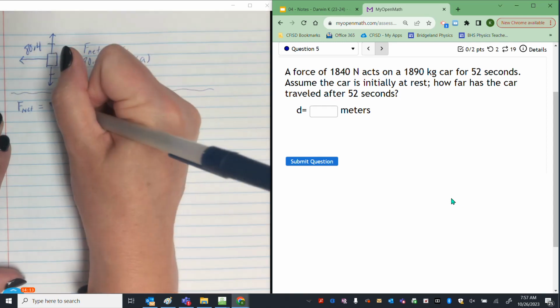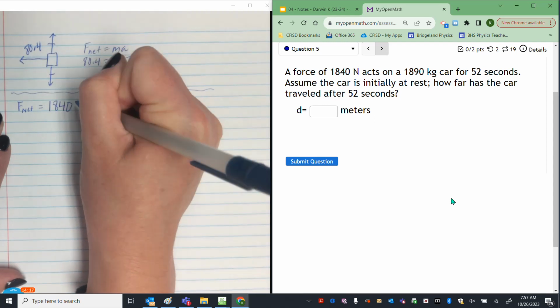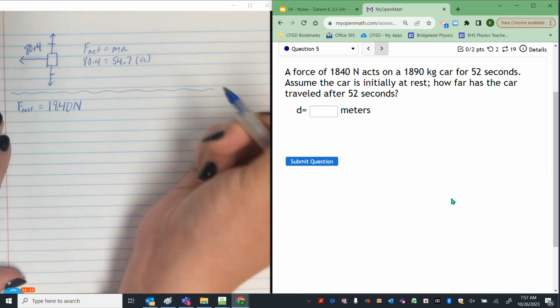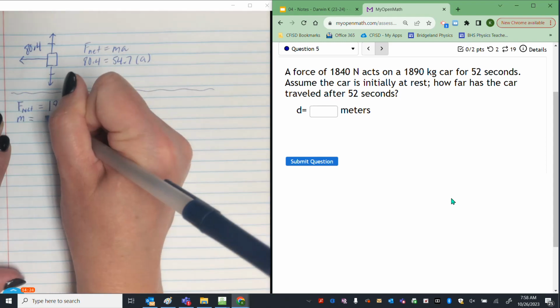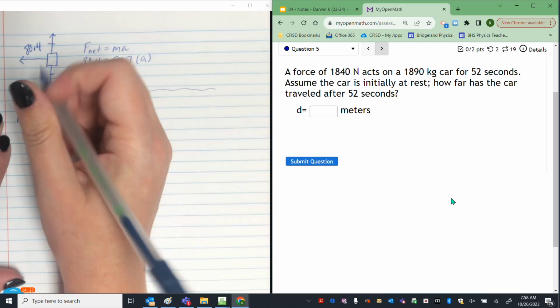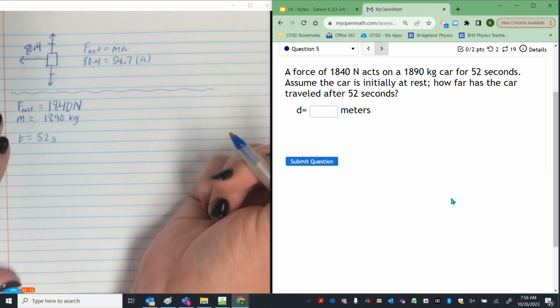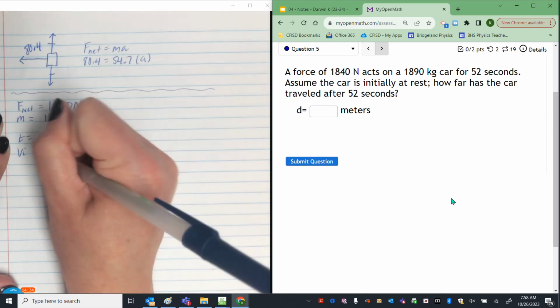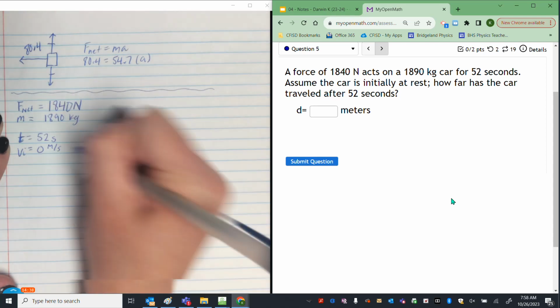So your net force, the only force you have to worry about here, is this 1840. The mass is 1890. We have a time of 52 seconds. We have an initial velocity of 0 meters per second.